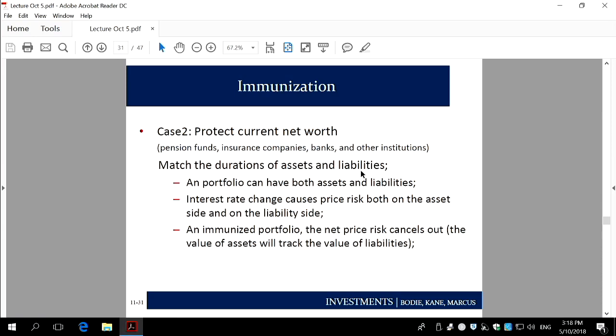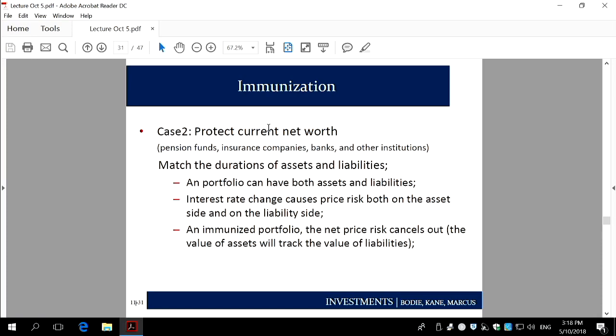Both sides suffer from this interest rate fluctuation risk, right? If interest rate changes, the value of liability also changes, and the value of asset also changes. So interest rate change will cause price risk both on the asset side and on the liability side.